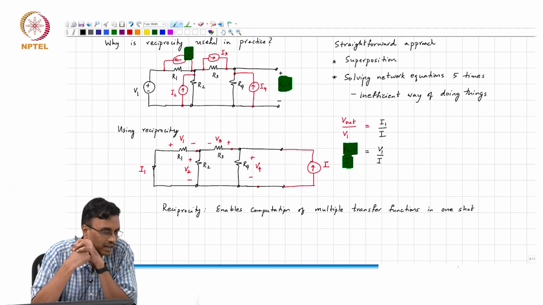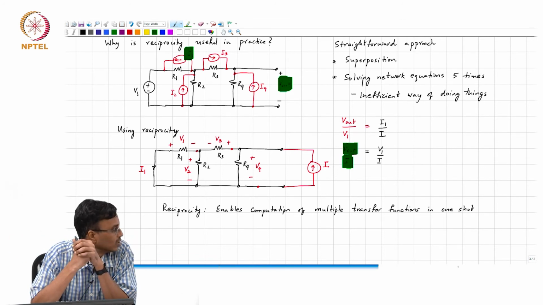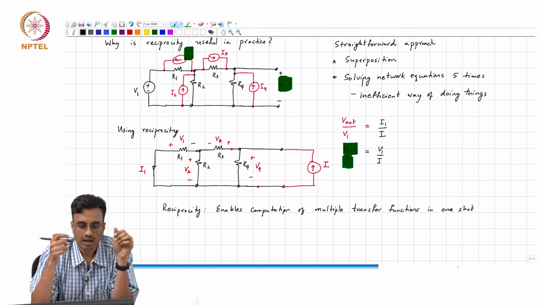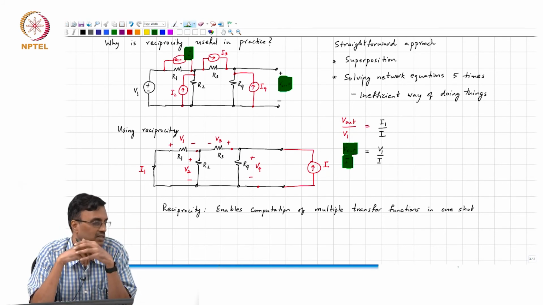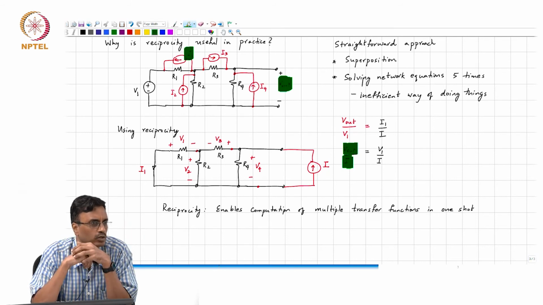It turns out that in practice, it's not uncommon for circuit designers to be dealing with networks with 100 nodes, 200 nodes, where you have one output. And why do you have multiple inputs? As we discussed in the very first class, every electronic device also adds noise.